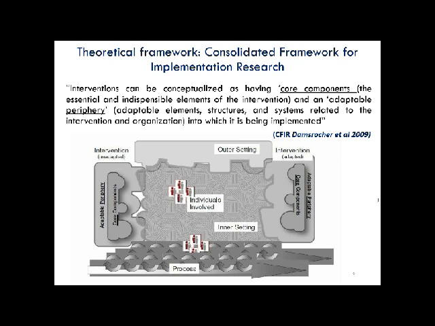And here we consider also the evolving process of the implementation in the particular setting, the individuals that are involved with the implementation, and the outer setting that also includes all the external variables in relation to social and political scenes.